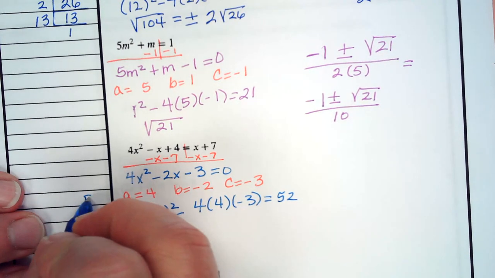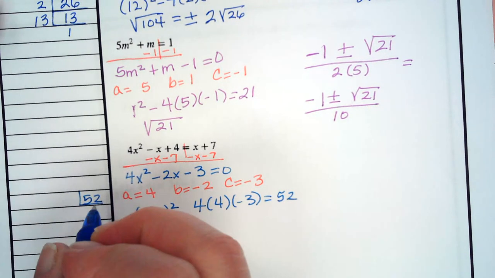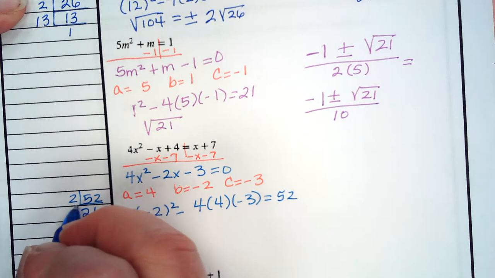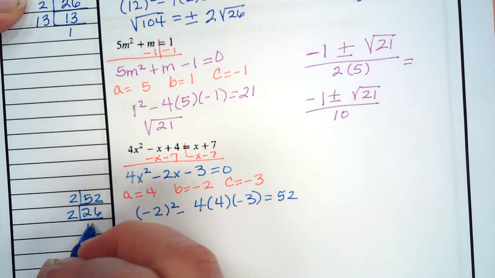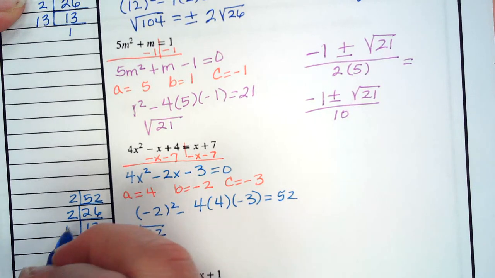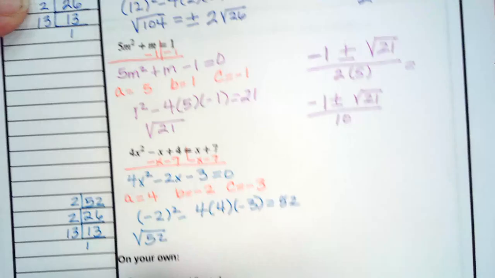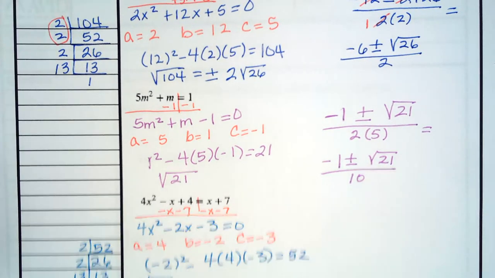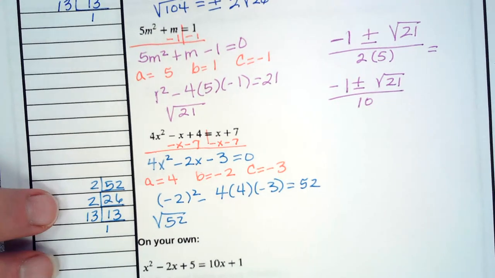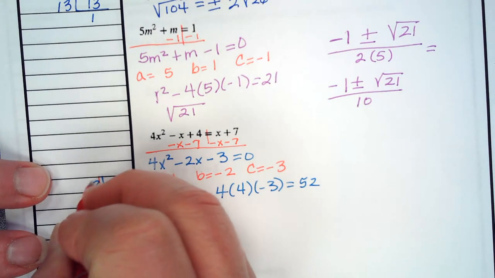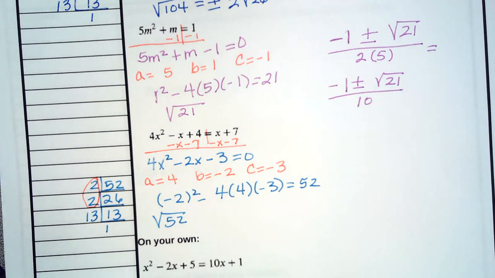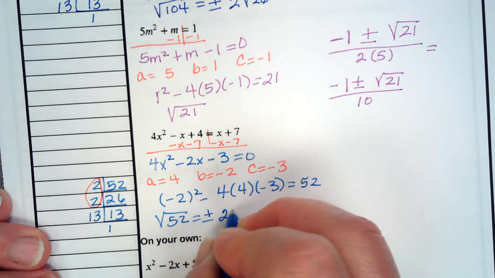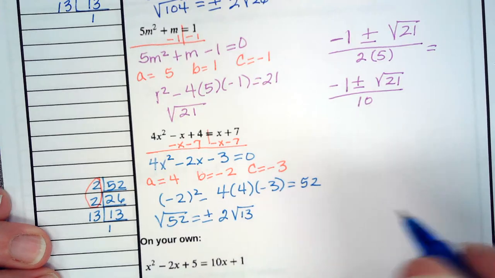Okay, 52 divided by 2, I get 26. Divided by 2, I get 13. Divided by 13, I get 1. I also could have looked up here and found the same thing and just ignored that first. So, I've got a pair of 2's I can bring out. 13 stays underneath, plus or minus 2 square root of 13.